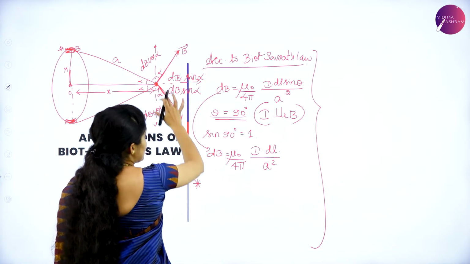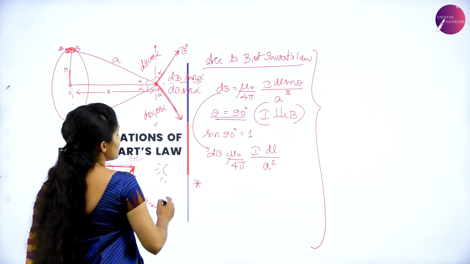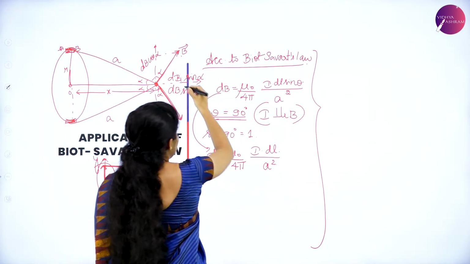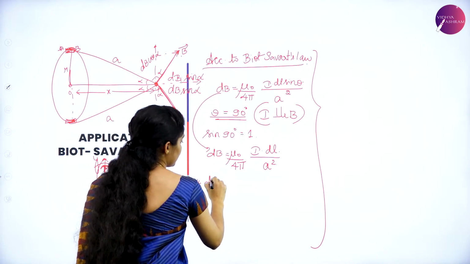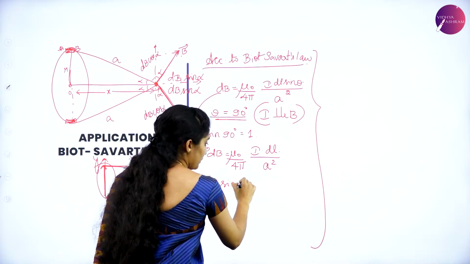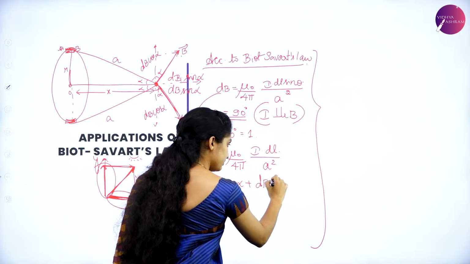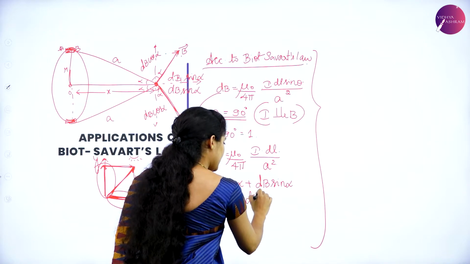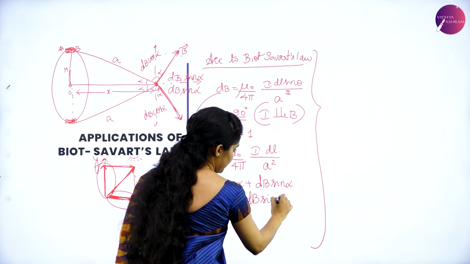Now, we resolve these two quantities. So due to these components, we have dB sine alpha plus dB sine alpha, together it gives 2 dB sine alpha.